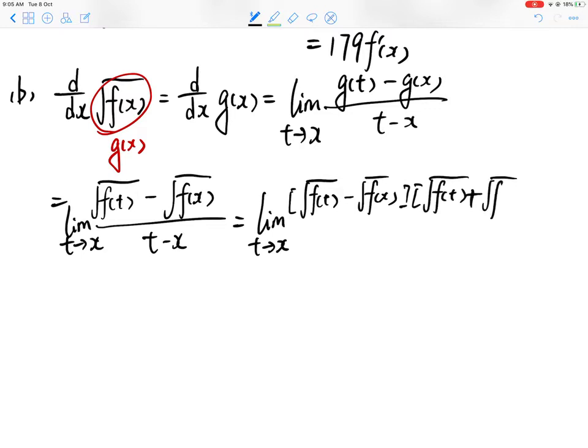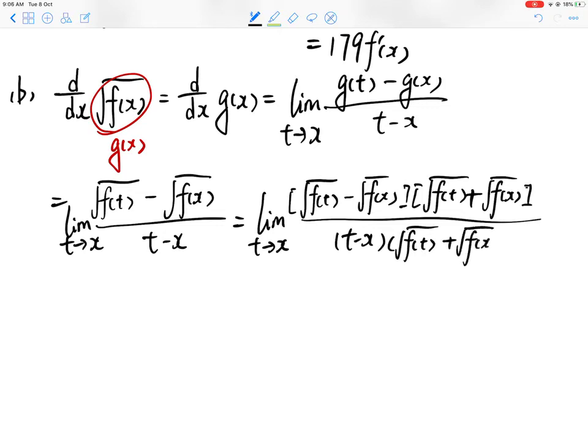So here it's plus, over the bottom minus the conjugate of the top. Now what is this top side? It's a plus b times a minus b, which is a squared minus b squared.